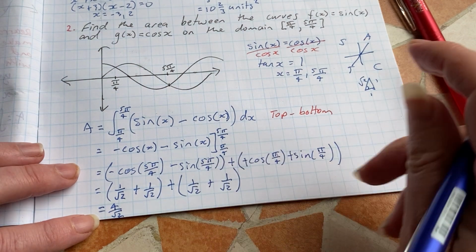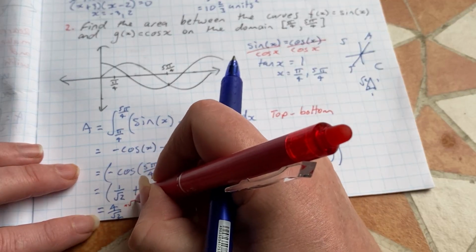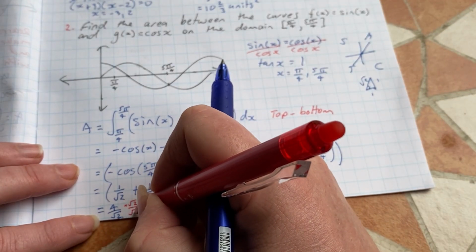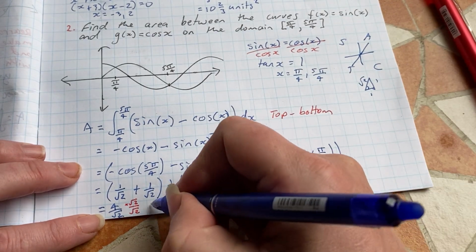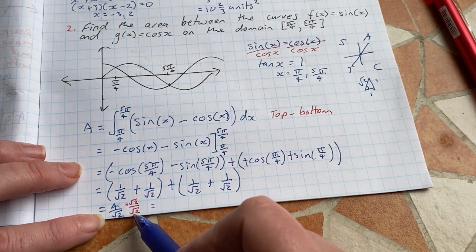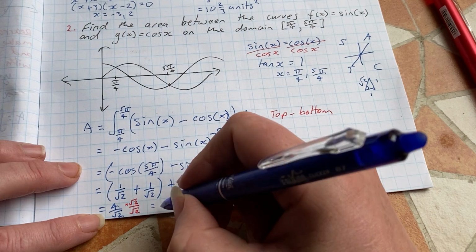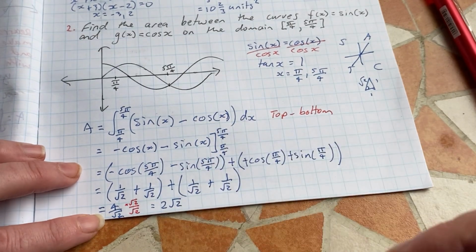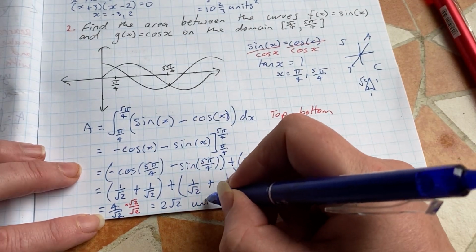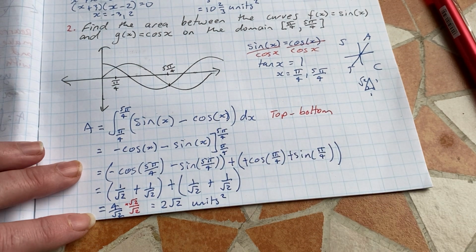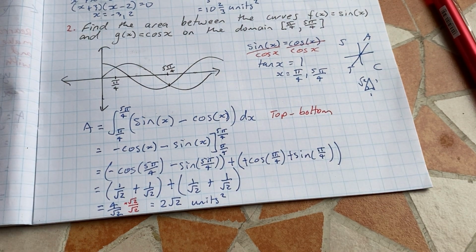It's always good to rationalise, so times root 2 on root 2. So that equals 4 root 2 on 2. 4 on 2, of course, is 2, so 2 root 2 units squared is our area there. So that's a difference of areas.